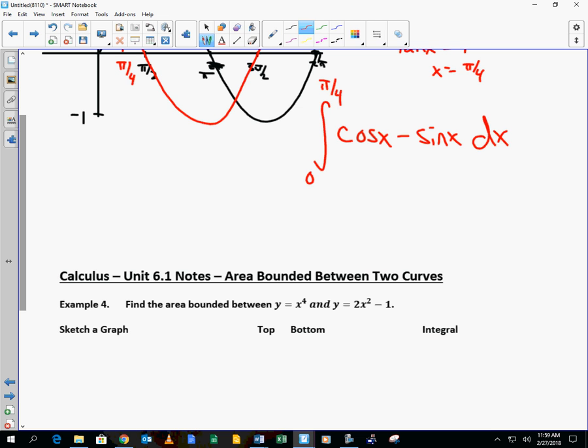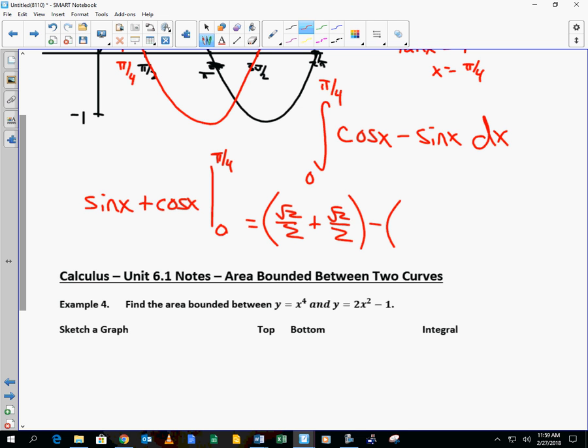All right, so let's do this. Antiderivative of cosine, positive sine. Antiderivative of negative sine, positive cosine. And we're going to evaluate those at pi over 4 and 0. Sine of pi over 4, root of 2 over 2, plus cosine of pi over 4.